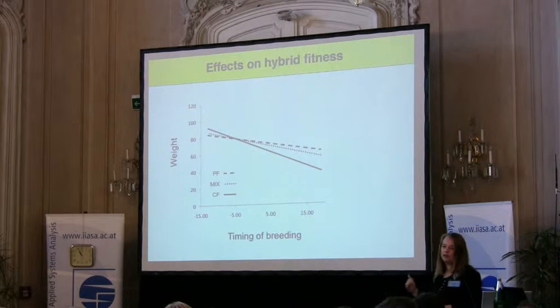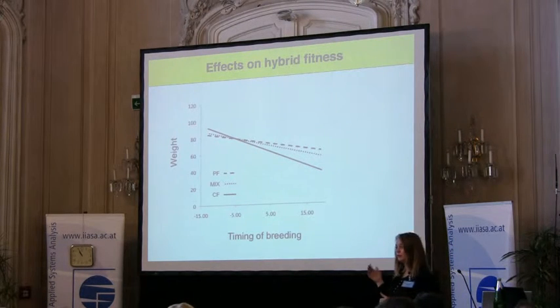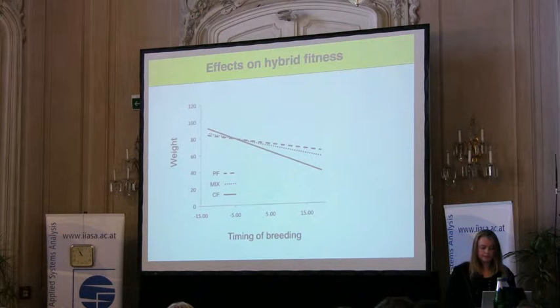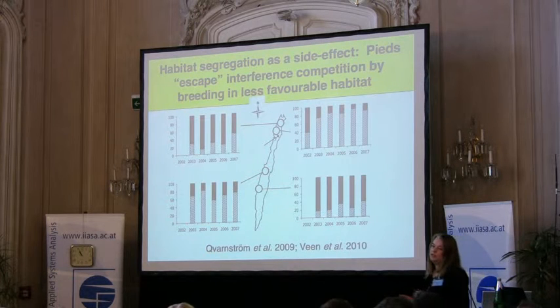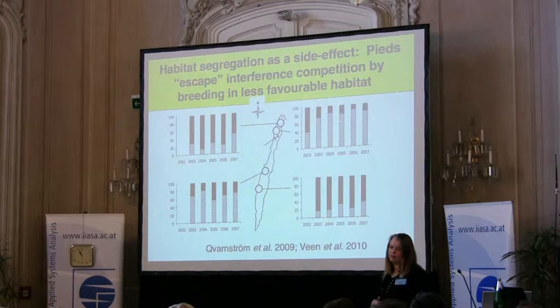And also if you look at the hybrids, they fall in between. If you compare the performance of hybrid chicks in relation to purebred offspring, they fall exactly in between, as you would expect if ecological divergence is important. And these differences also lead to habitat segregation over time between these two species.